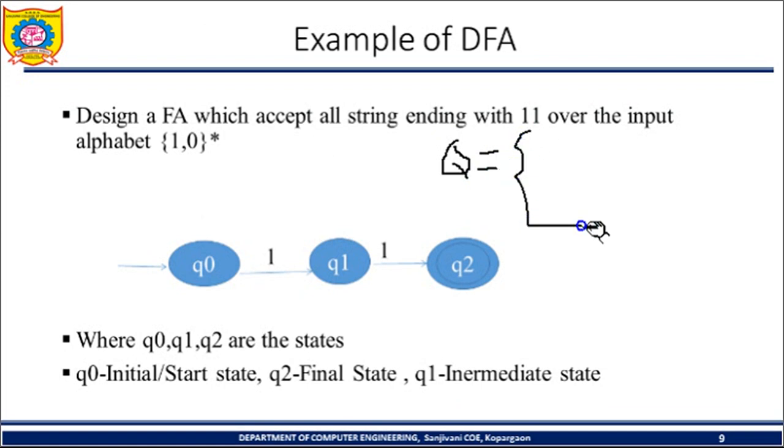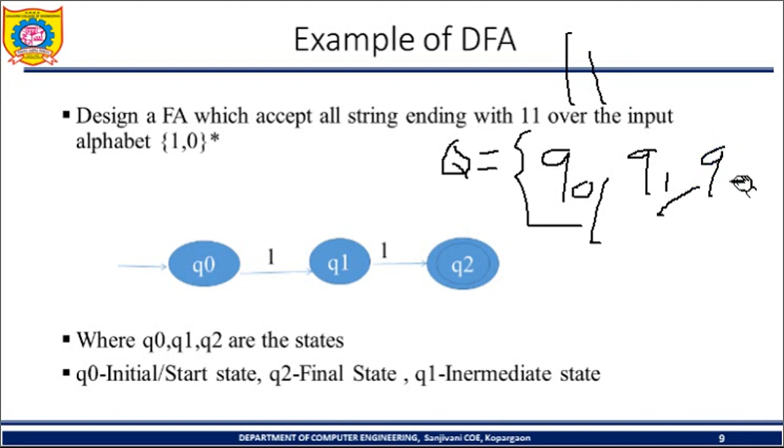So how to decide? Let us consider the minimum length of the given string is 2. So we will require 3 states, 2 plus 1. Q0 is the initial state, Q1 is the second, intermediate state, and Q2 is the third state. So we have decided how many states are required for the given problem: 3 states are required.